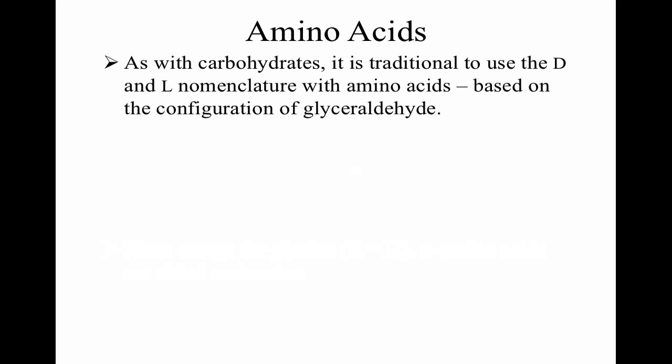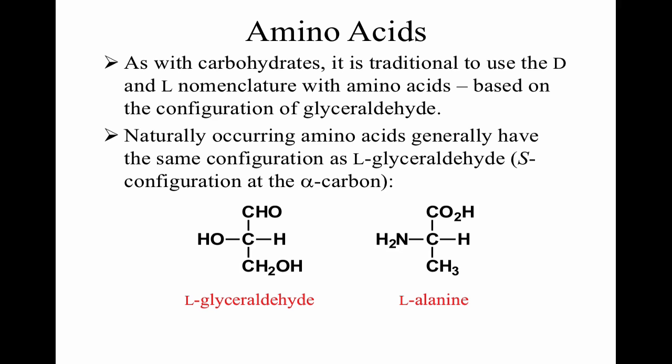Okay? As you might imagine, you can have L and D. We've talked about that a little bit before. D and L is all about relative stereochemistry, not absolute stereochemistry. It's an old way of naming things, but biochemists, for whatever reason, like to stick to the old nomenclature. I've never figured it out.